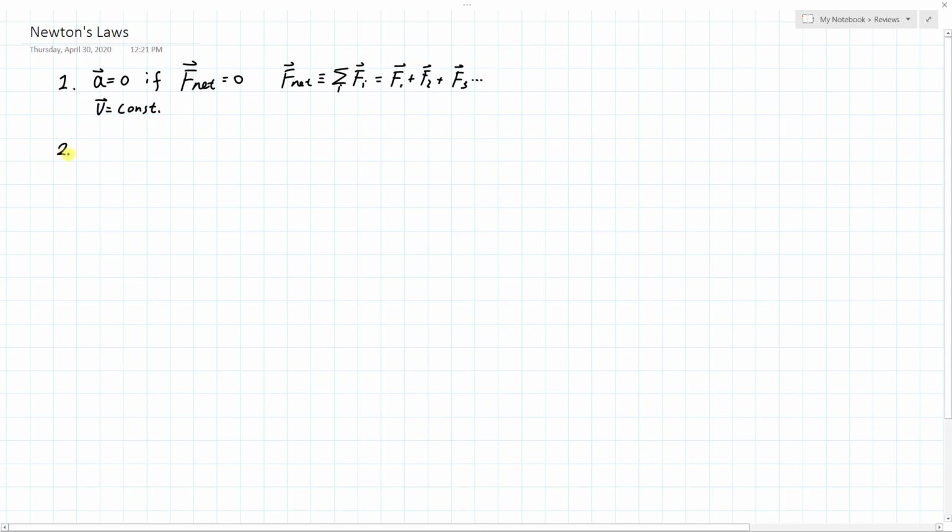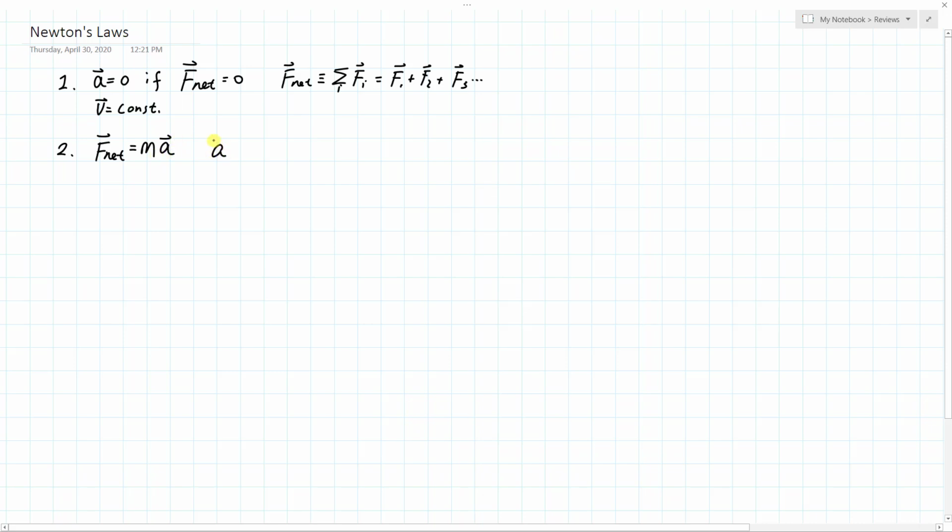Okay, so the second law says, what if there is a net force? Then the net force is related to the acceleration. So force net is mass times acceleration. It relates the force with acceleration, and the mass is the factor that determines how much acceleration is going to be observed for a certain force applied to it.